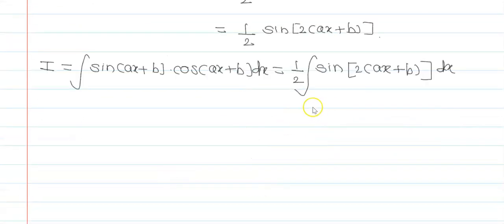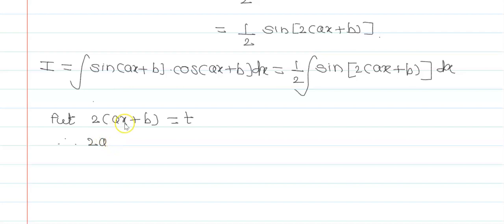How to solve this integral? We have the substitution. Put 2(ax plus b) equal to t.